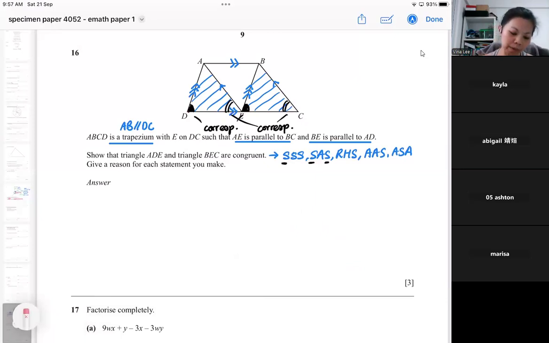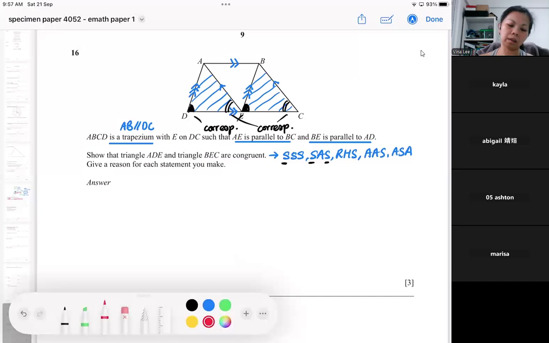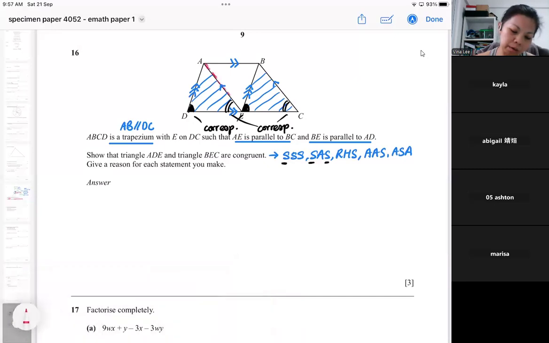So where is the same length? The same length is from the parallelogram that most of you didn't see. So this part is actually a parallelogram. So ABCE is a parallelogram, because you got the opposite sides being parallel.